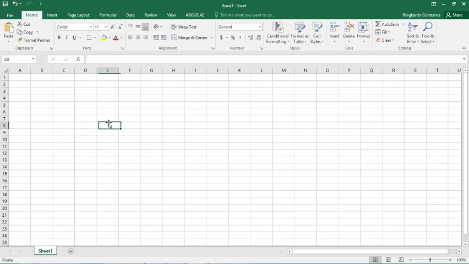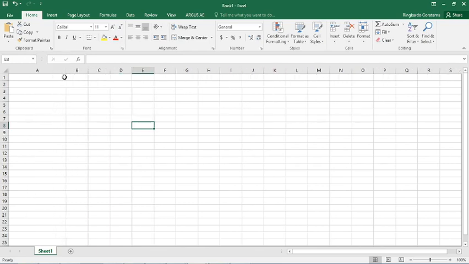So like usual, we need to put the information first. Let's say this is Jakarta City Hotel, with the description, and we will put our assumptions here and our cash flow.